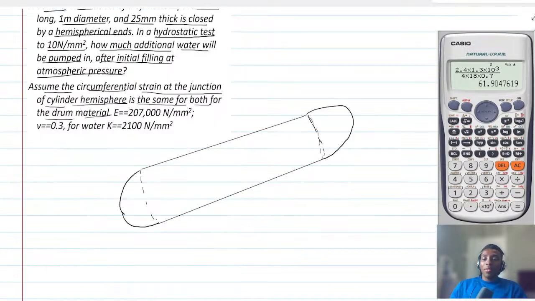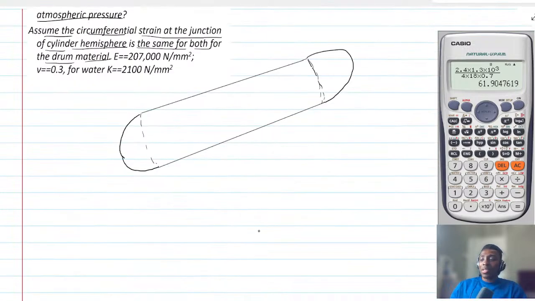So let's begin. First of all, let's calculate the stresses, the hoop stress and the longitudinal stress.